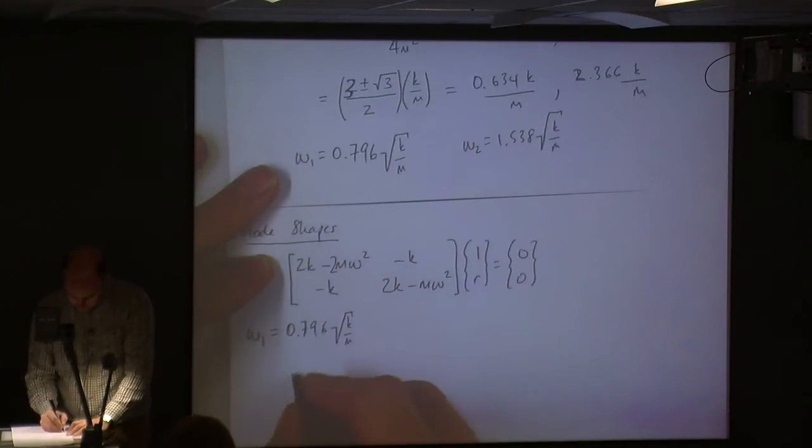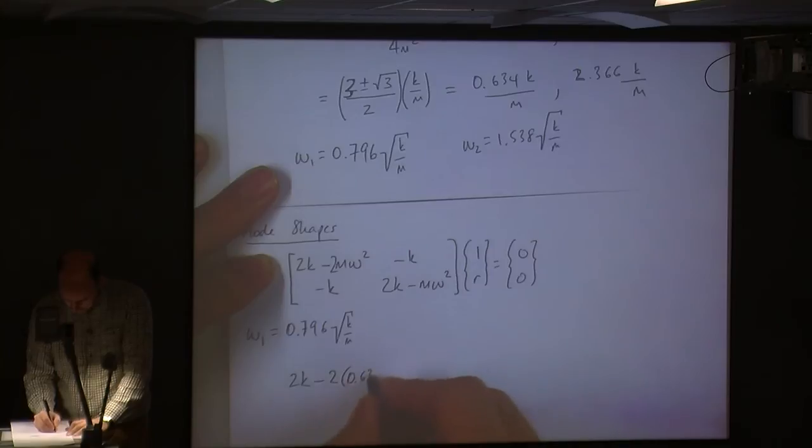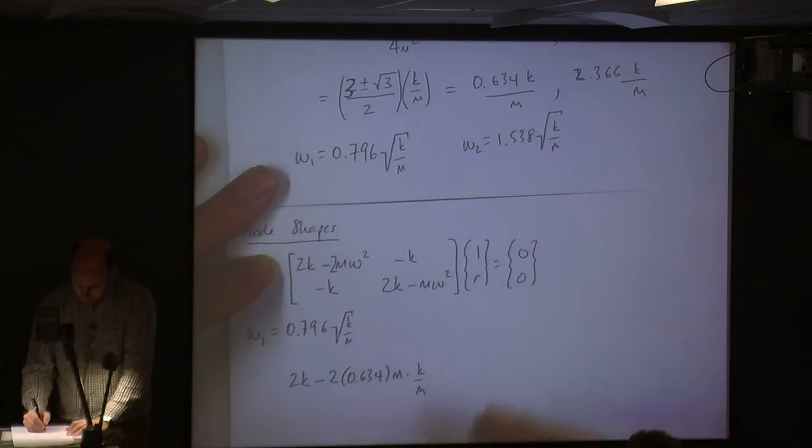We've got 2k minus 2 times by 0.634 m times by k upon m. So that's this term times by 1, minus k r1 equals 0.